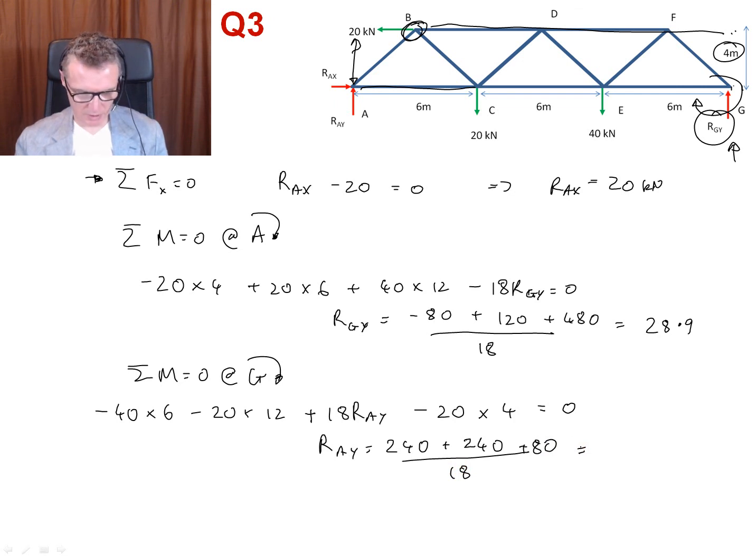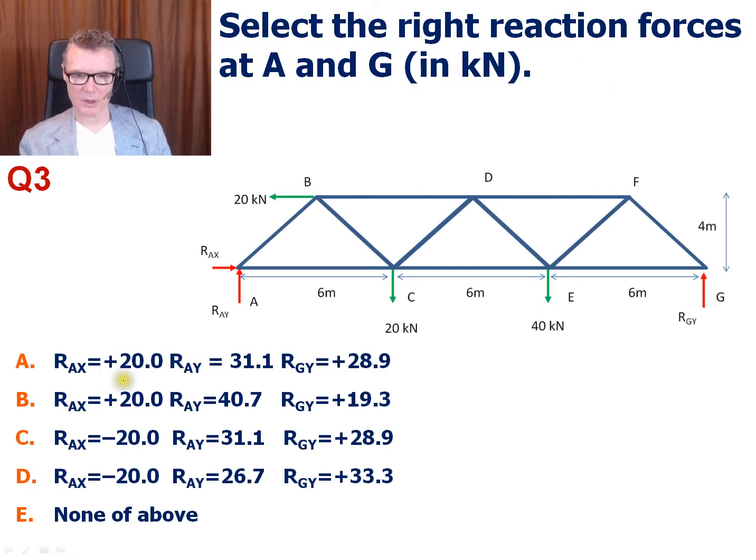So 240 plus 240 plus 80 divided by 18, and that should be 31.1, I seem to remember. So okay, that's great. So I've got 31.1, 28.9, and 20. So 20, 31.1, 28.9. Okay, so I am going to choose A. Hopefully you agree with me.